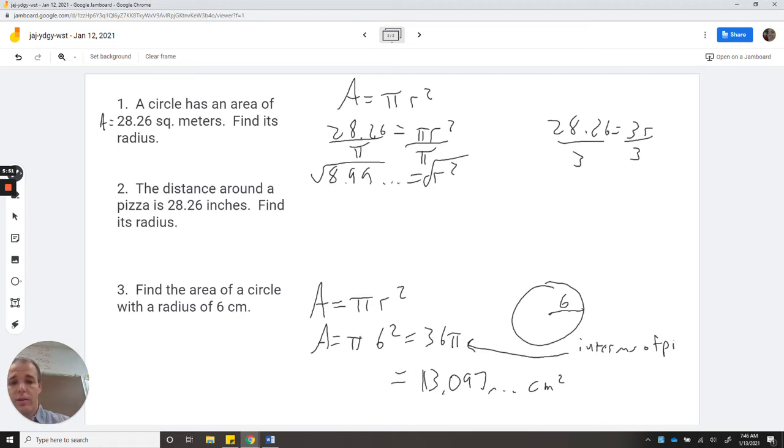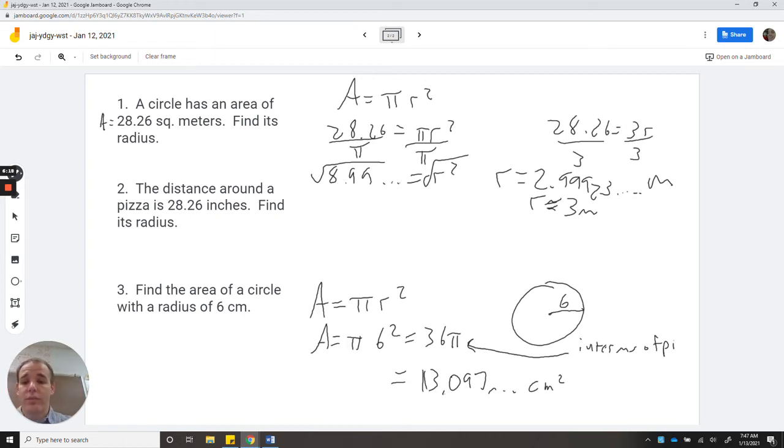And I'm going to get r equals 2.99923. And there's more after that. It was square meters, so that means it's just meters now. Or if you want to round, that's fine. Make sure you only round at the end, not early. And it's going to be about 3 meters.